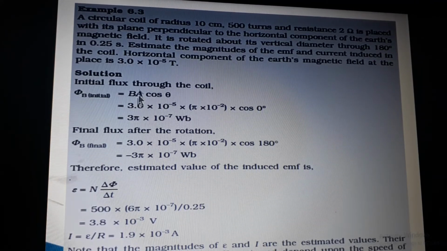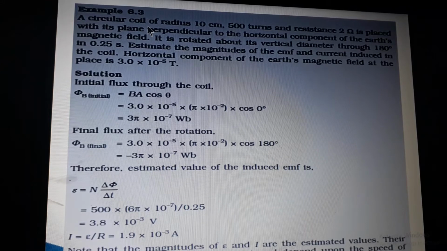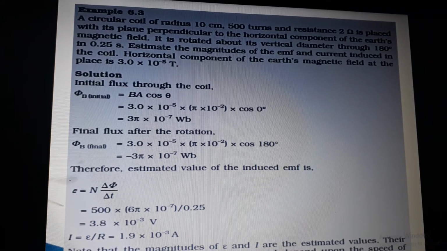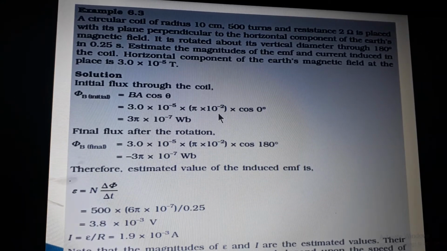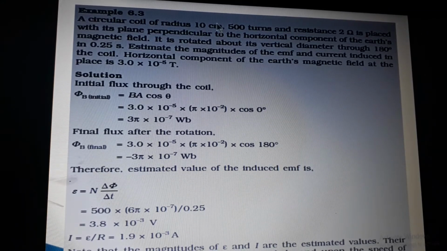Now the area. You know that it is a circular coil, so the area of the circular coil is pi r square. Here we convert the centimeter into meter.